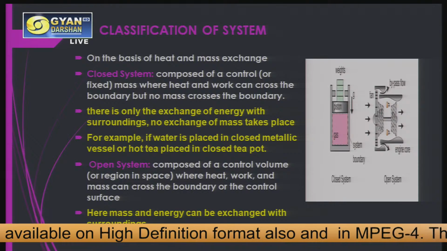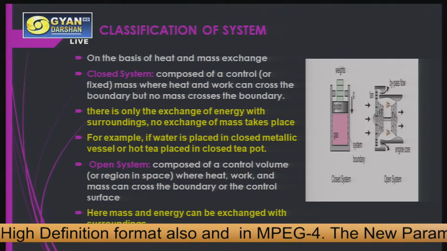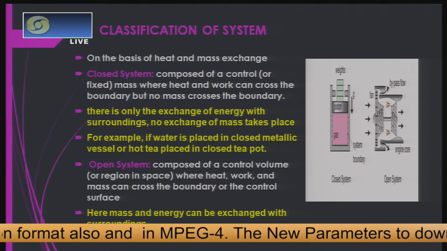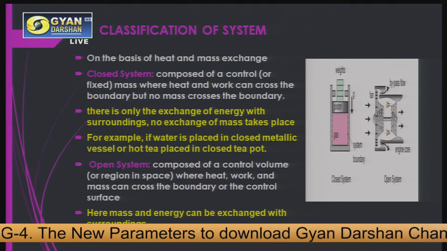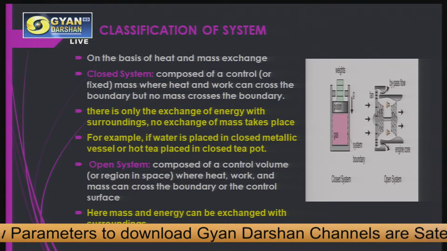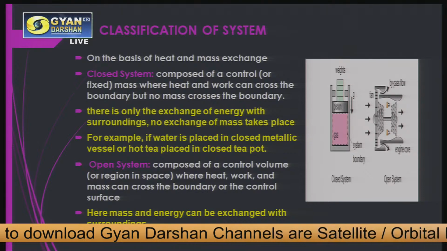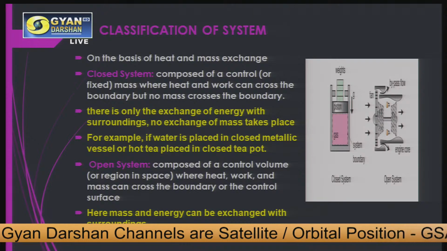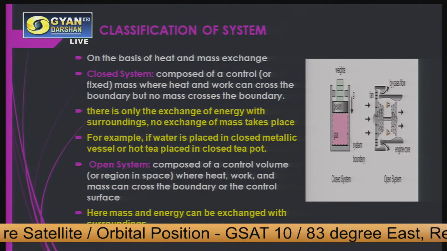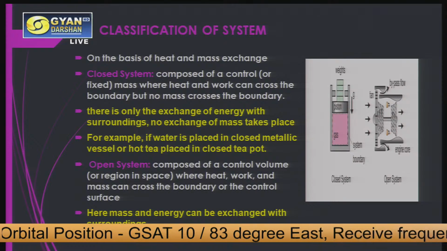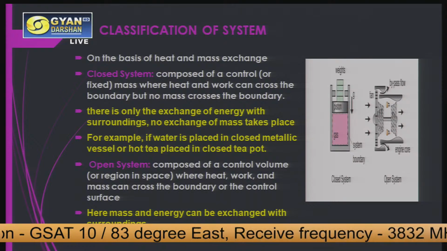If we talk about the closed system, generally what happens? Here heat and work can cross the boundary, but mass will not cross the boundary. Only heat is allowed to go outside the boundary, or only heat can go to the surrounding from the system.